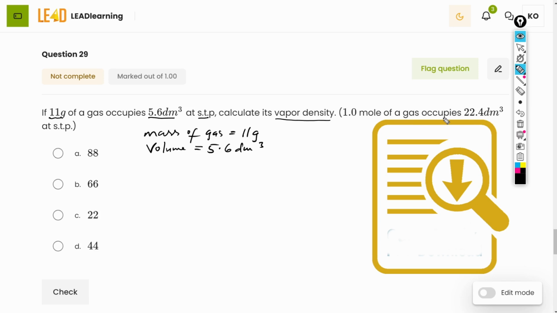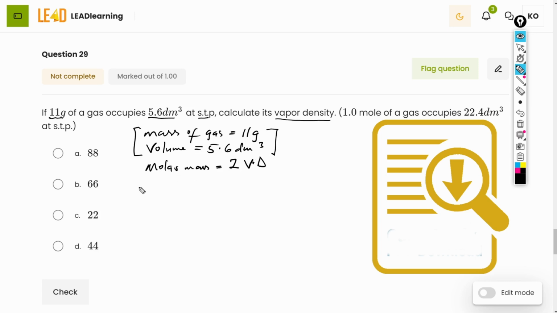Now we're interested in the vapor density. One formula that relates the molar mass of a substance or gas to its vapor density is molar mass is equal to twice the vapor density. We can use this to compute the molar mass of this gas.